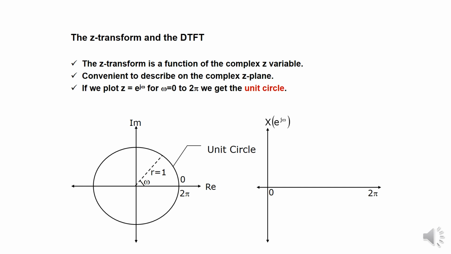So in the Z transform, you can see the unit circle where ω means the angle value. The angle value is changing from 0 to 2π. In X(e^(jω)), it is changing from 0 to 2π.